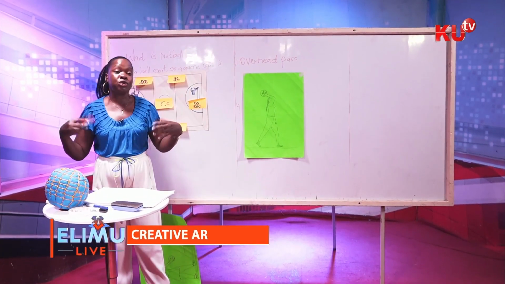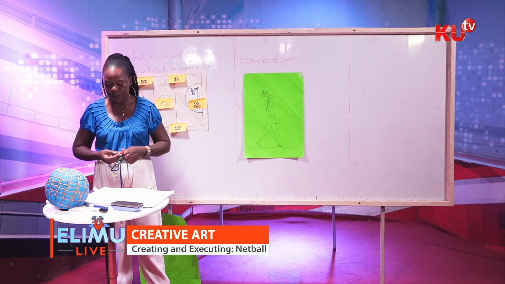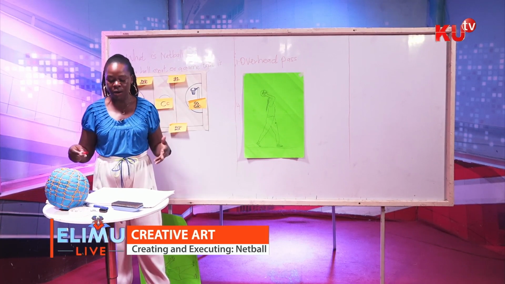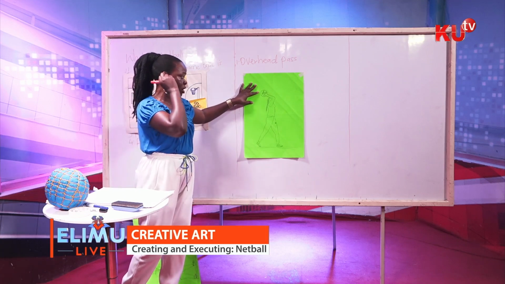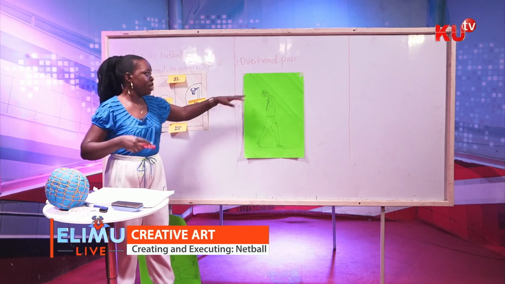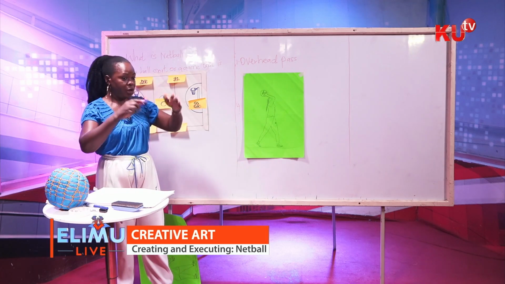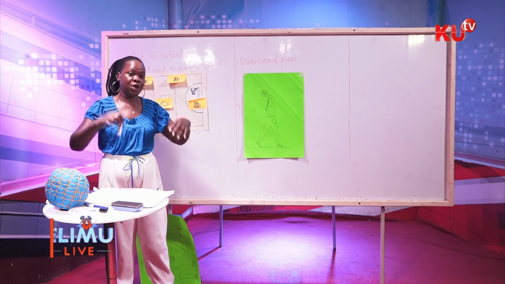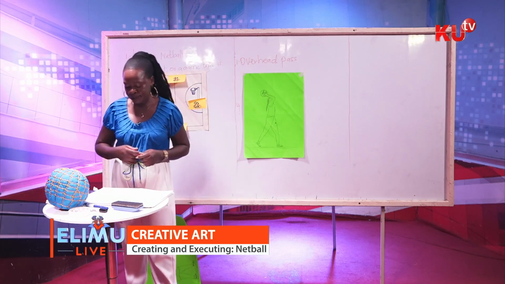It can also be used to make a very long pass. So the major advantage of the overhead pass is that you can easily outwit your opponent. Before the opponent realizes that you are passing the ball, you have already made a pass. Okay?